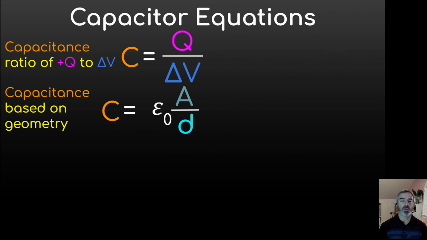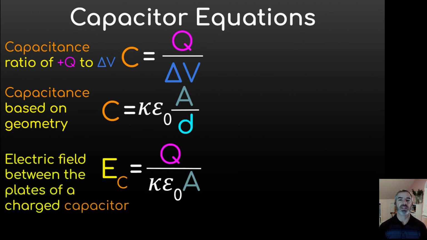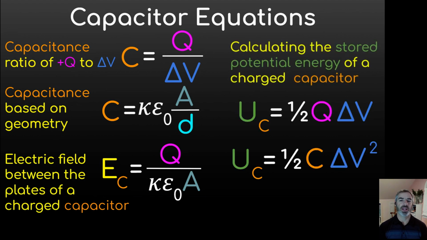Now the electric field between the plates can be calculated as the charge on the positive plate divided by the dielectric constant times epsilon naught times the area of the plates. And then we can calculate the energy stored in a capacitor, that potential energy, with these two equations: 1/2 Q delta V or 1/2 C delta V squared. And that's the way we can calculate the energy stored in our capacitor.